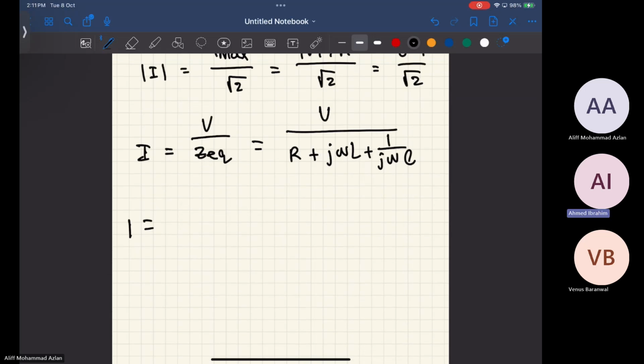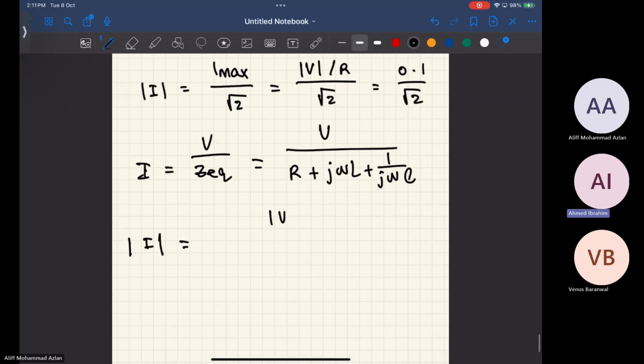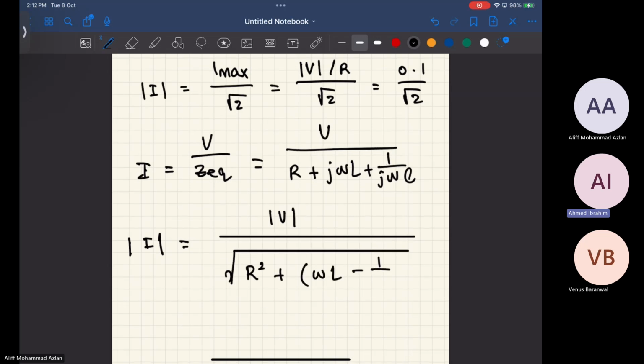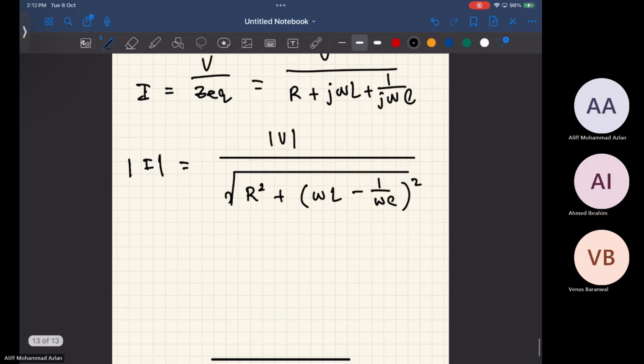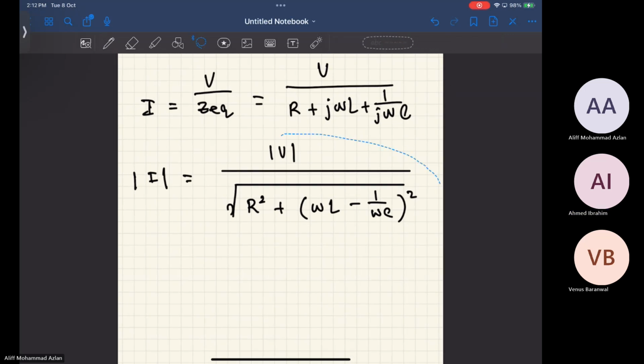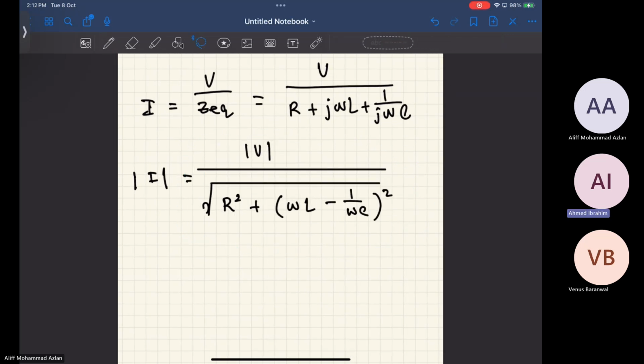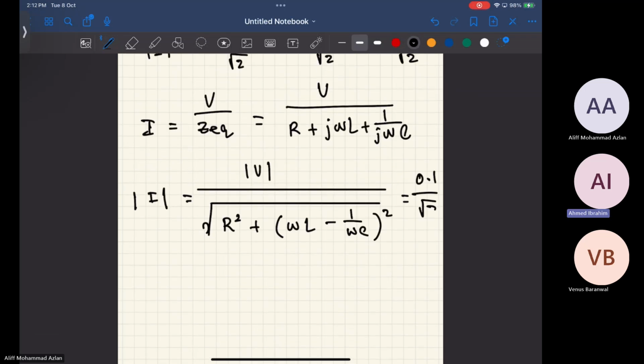By taking the magnitude, we have magnitude of V divided by square root of R squared plus omega L minus 1 over omega C whole squared. And we want to set that equal to 0.1 over root 2.